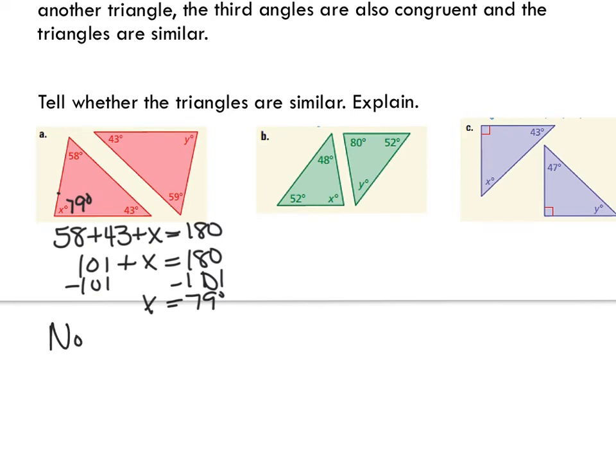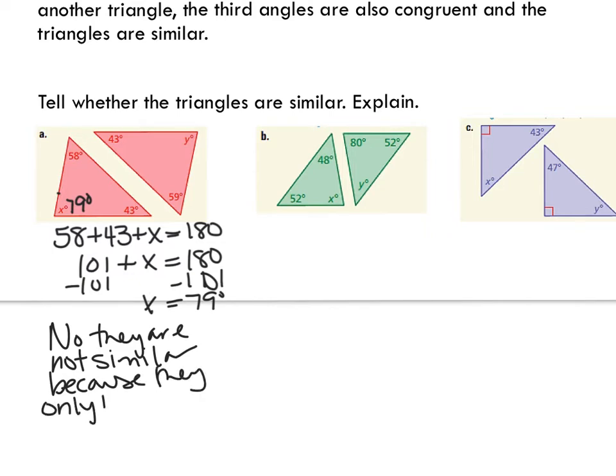So I would say no, they are not similar, because they only have one congruent angle. I don't even have to find that y value, though I could in order to solidify my understanding of it, but there's no way, like I said, I would have had to have a 59 either here or here in order to have my triangles being similar.